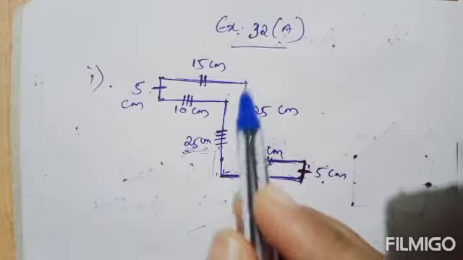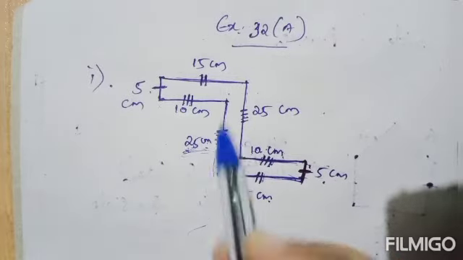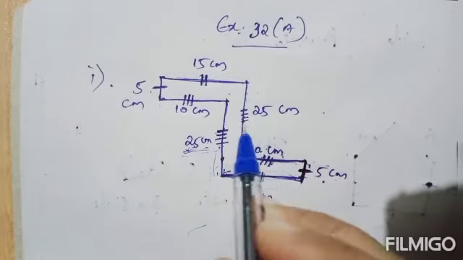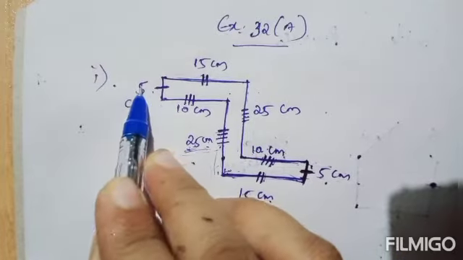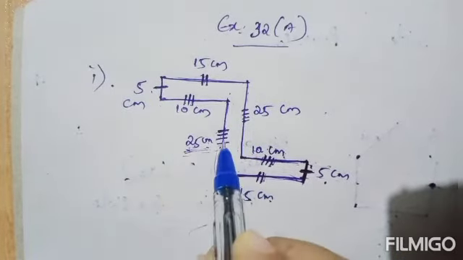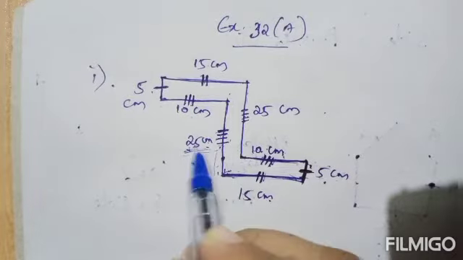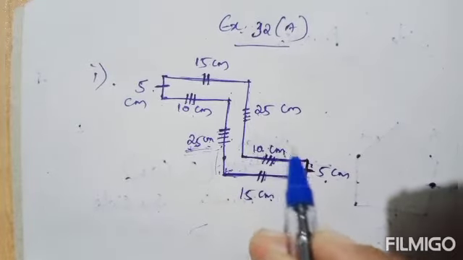If that symbol is used again, you can use the same length there also. Okay, so one line 25 centimeter, 2 lines 15 centimeter, 3 lines 10 and 4 lines 25 centimeter here.